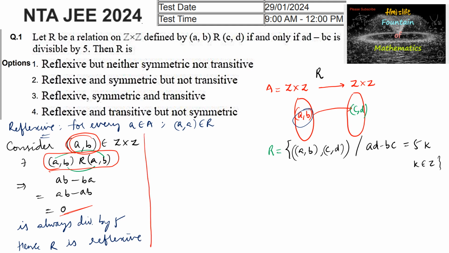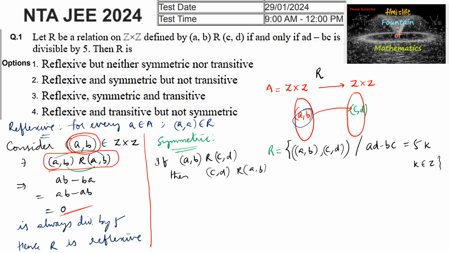Now for symmetric. The symmetric definition says that if (A, B) is related to (C, D), then (C, D) must be related to (A, B).